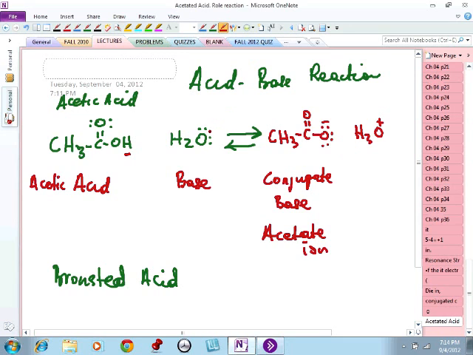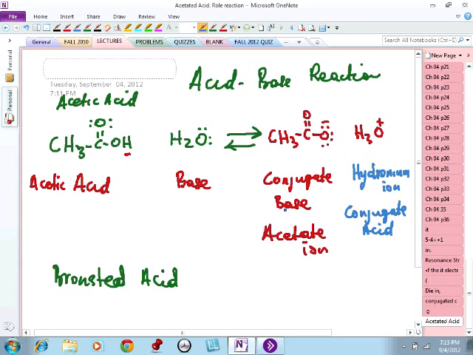Then this water here is picking up a proton from the acetic acid. The water is acting as a base, so the product that we obtain here, which we call the hydronium ion, we refer to as the conjugate acid of water.